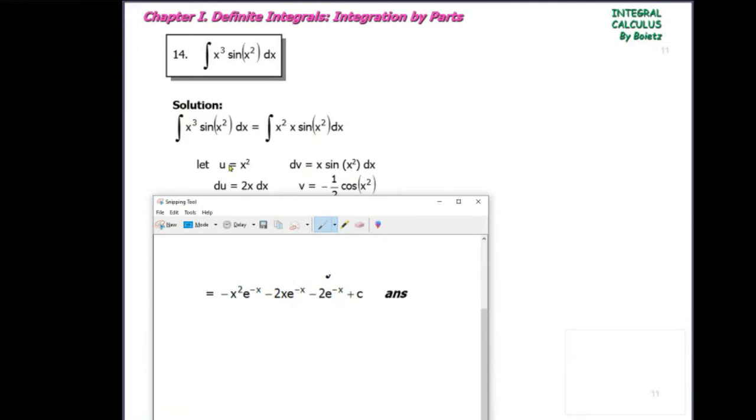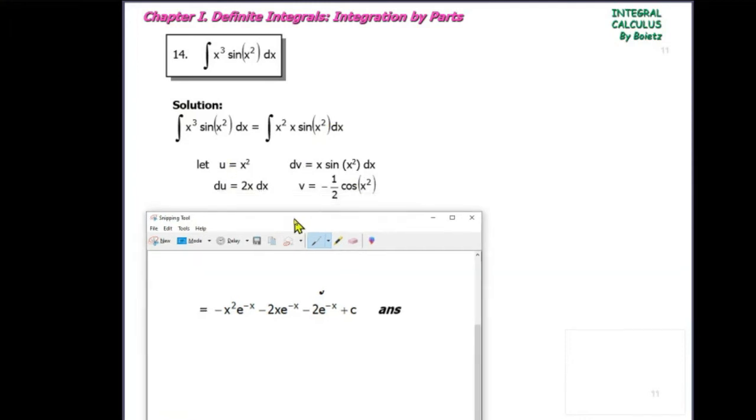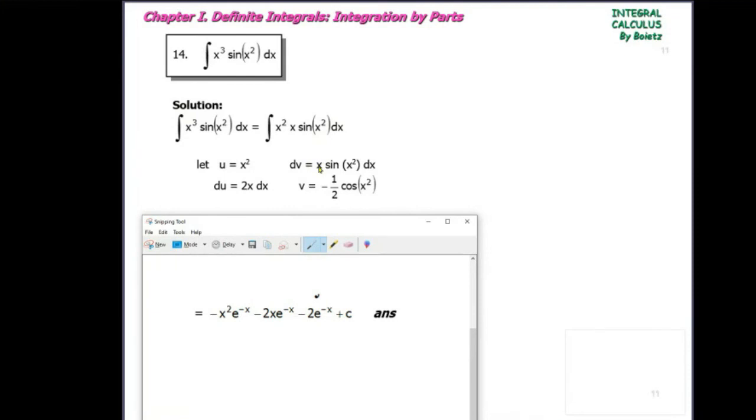Then take the derivative, 2x dx, and then integrate naman to, the integral ng x sine x squared dx. So your u is equal to x squared, then du is equal to 2x dx. May x dx doon, wala lang 2, so 1/2. And then the integral ng sine is negative cosine. Kaya negative 1/2 cosine x squared.